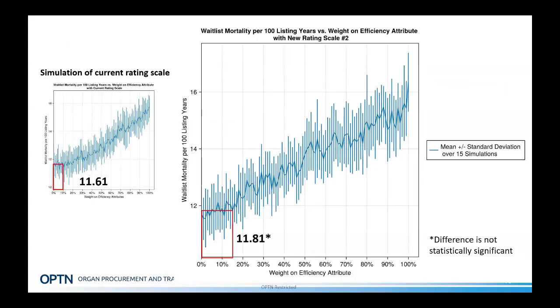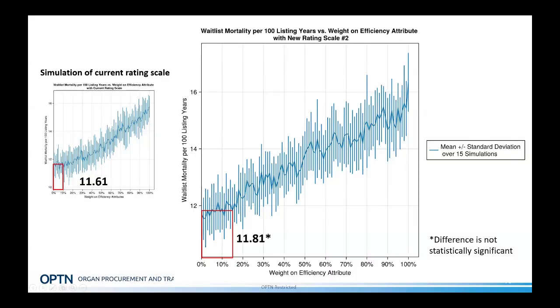On the left, you can see waitlist mortality rates, and on the bottom, as you go across, it's increasing from 0 to 100, the number of points in placement efficiency. Over on the left is the current situation, where you can see 10 points being allocated and an expected waitlist mortality of 11.61 under the rating scales that were present.